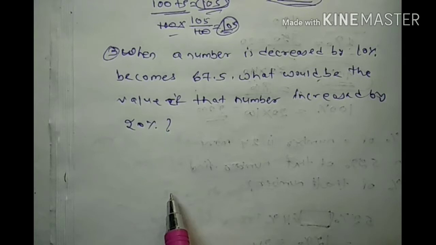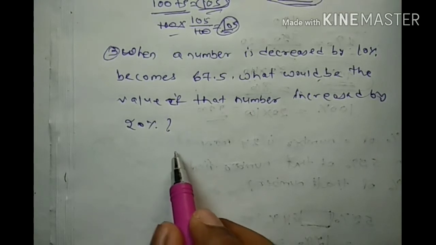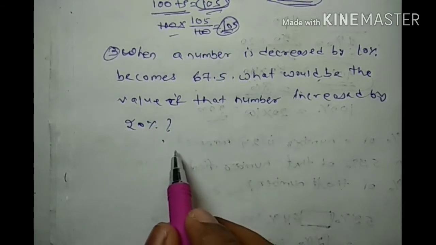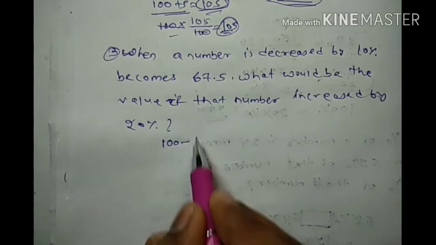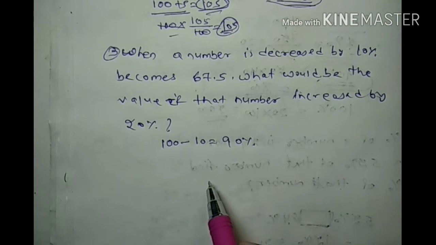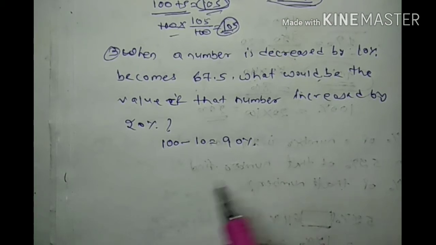The next question is: when a number is decreased by 10% it becomes 67.5, what would be the value if that number is increased by 20%? I told you that when the percentage increases, we add that number to 100 to get the result in one step. Here it is given that 10% decreases, which means we subtract from 100, so 90%. So when a number is decreased by 10% it becomes 67.5.